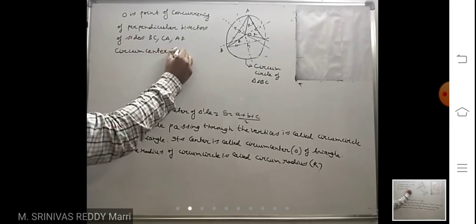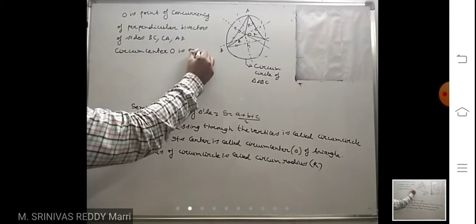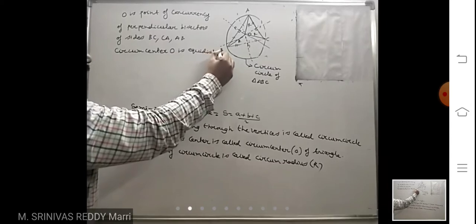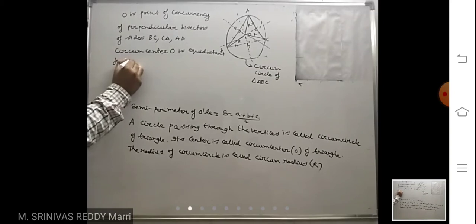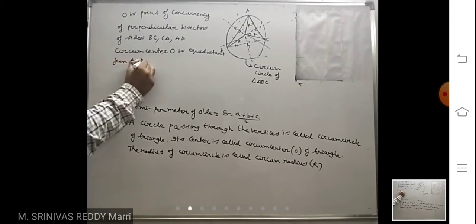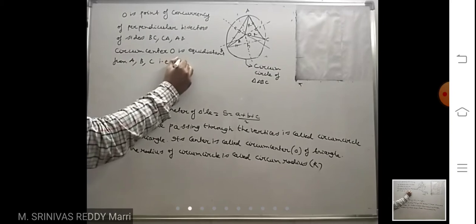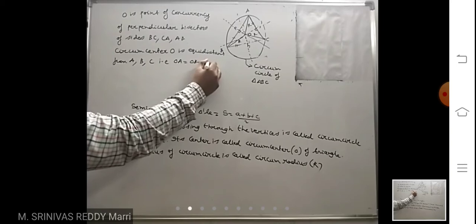Circumcenter O is equidistant from the vertices A, B, C. That is OA equal to OB equal to OC.